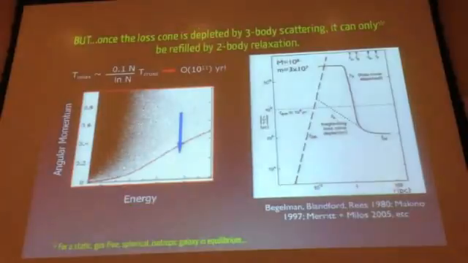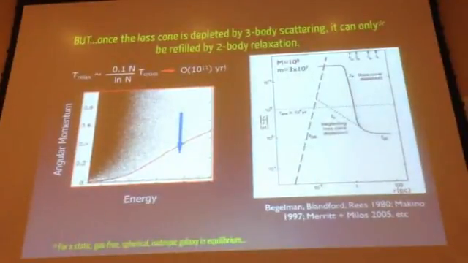And you all know that two-body relaxation is a very long time scale for galaxies. Galaxies are collisionless systems. You're not going to refill that loss cone on a time scale that is shorter than a Hubble time.